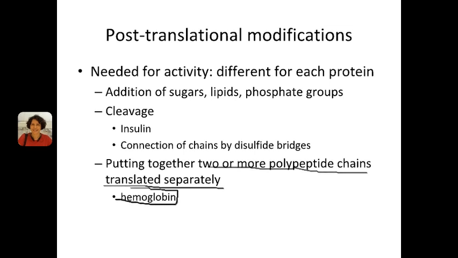We've got alpha hemoglobin and beta hemoglobin, and our regular hemoglobin protein has two alpha subunits and two beta subunits that are translated from different mRNAs that come from different genes, and then they're going to be put together as a functional hemoglobin protein during post-translational modification.